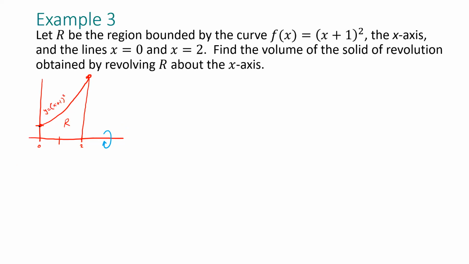Okay, so we can imagine that it's going to form almost like a horn or maybe a funnel-shaped graph. And of course here, we're just going to use the disk method. Say we choose a random cross section in the middle, it will be a disk where the radius is f of x.